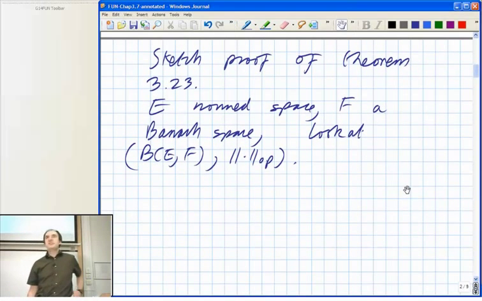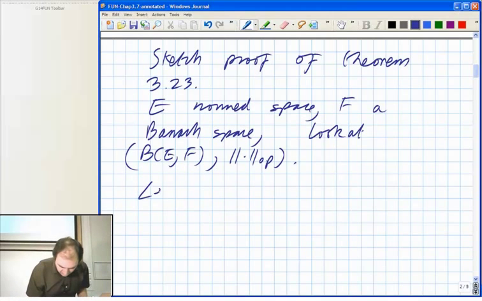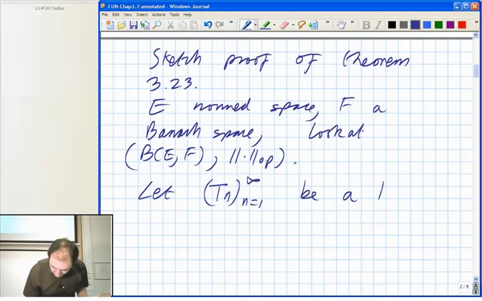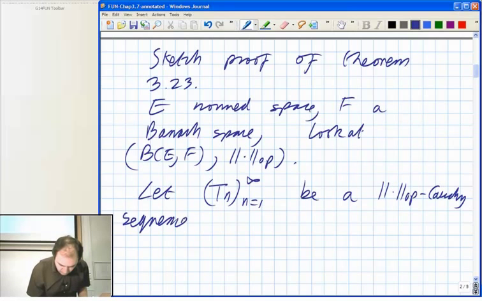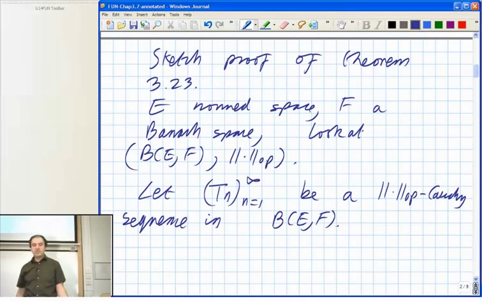So let's suppose you had a Cauchy sequence in there. Let Tn, n running from 1 to infinity, be a Cauchy sequence, so an operator norm Cauchy sequence in B of E, F. We've got to prove that Tn converges in operator norm to some bounded operator.